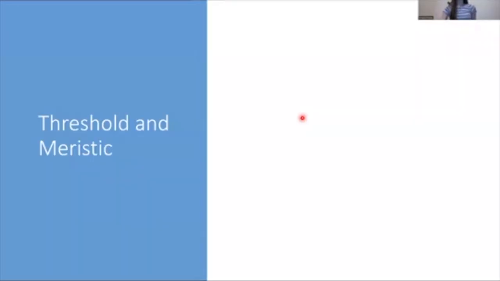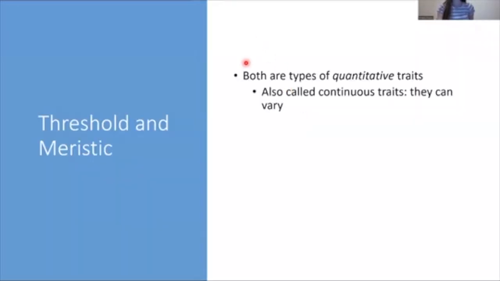So both of these are types of quantitative traits. And a quantitative trait is one that's continuous. So quantitative is all about numbers. So they're continuous numbers or just any sort of continuous type of trait. A really good example that I like to think about is height.